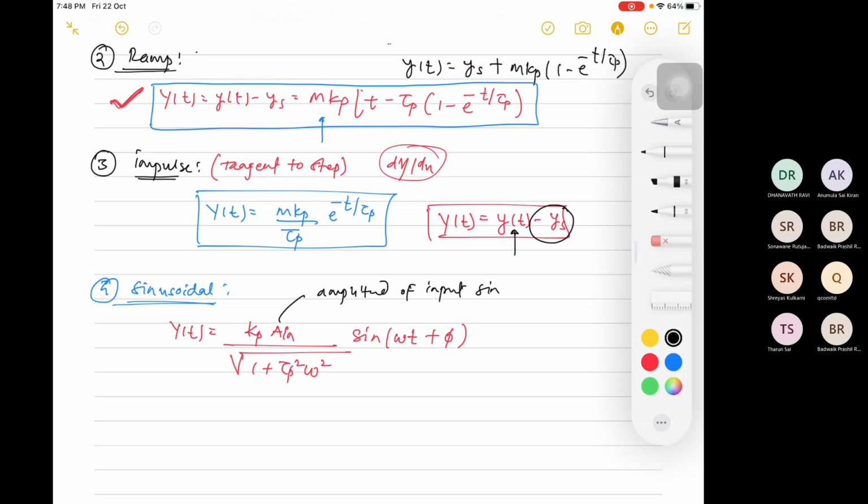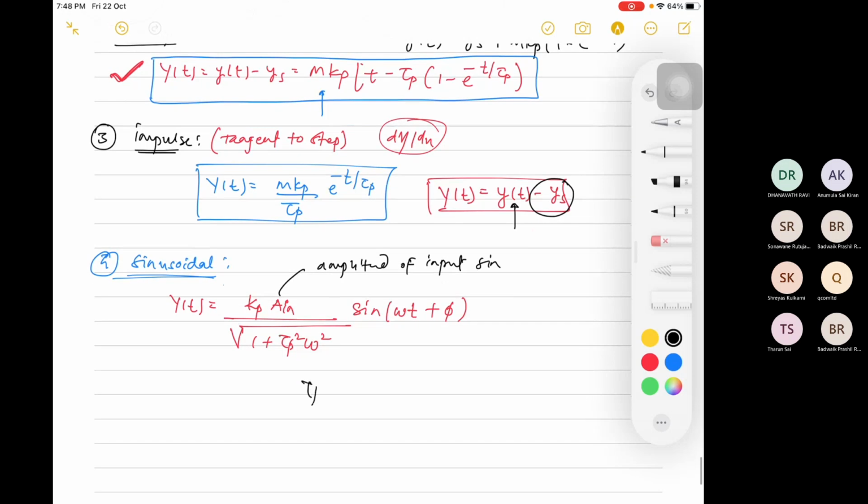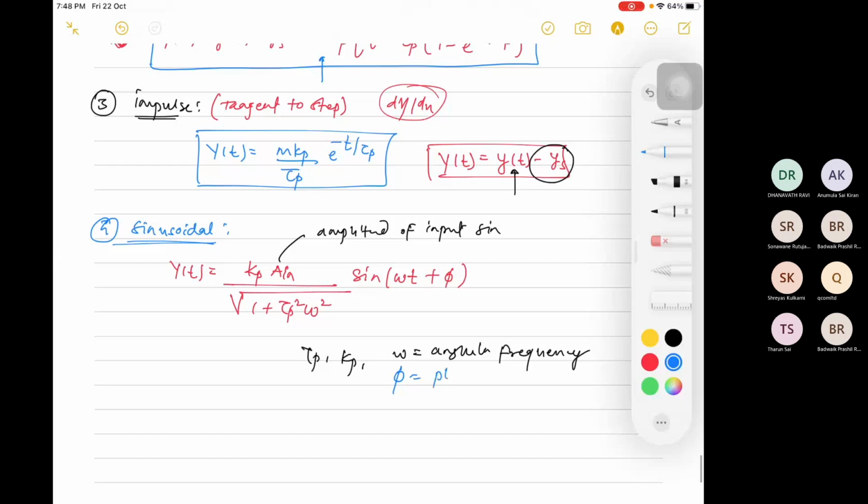I have derived this also, like in regular classes I used to derive this. And what is tau p you know, what is Kp you know. Then what remained? Omega is the angular frequency. Okay, and phi is your phase angle.